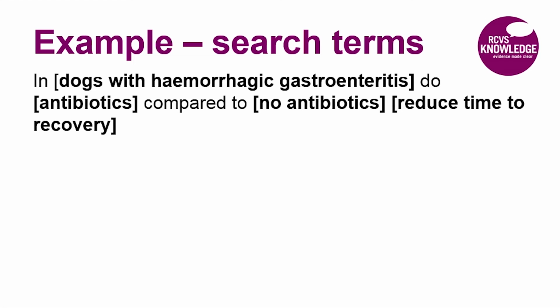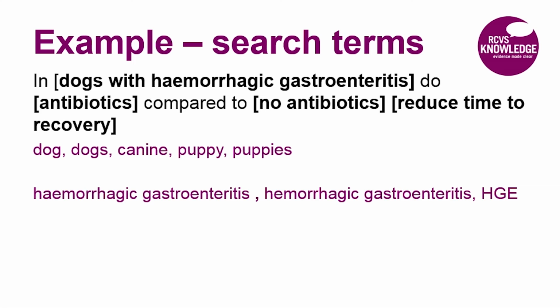So here's my example with all the variants that I think you need to look at. There probably are more. Dogs, canine, puppies, hemorrhagic. Notice 2 spellings there. When I was doing this live the other week, I actually spelled hemorrhagic wrong and managed to get results, which is interesting in itself.